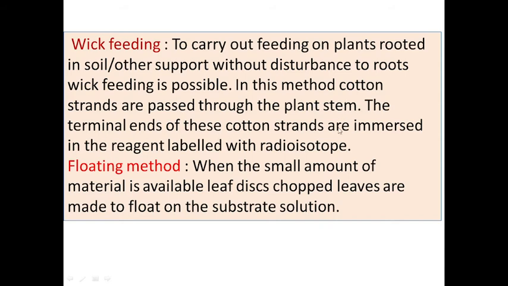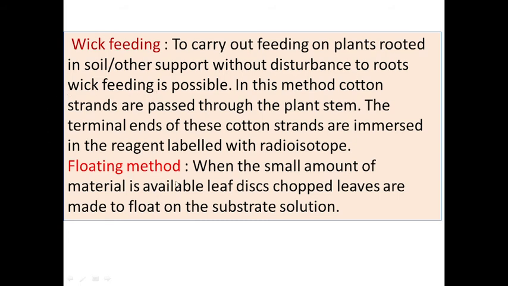The terminal end of those cotton strands is immersed in a reagent labeled with radioisotope. So the radioisotope which should be introduced is placed in the reagent, the cotton strands are immersed in it, and in this way wick feeding of the radioisotope is done.